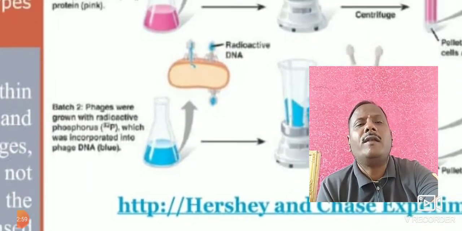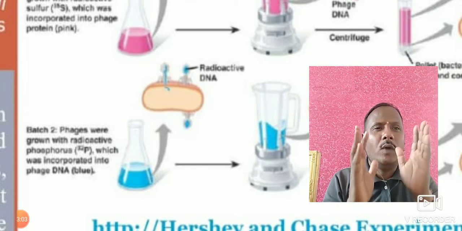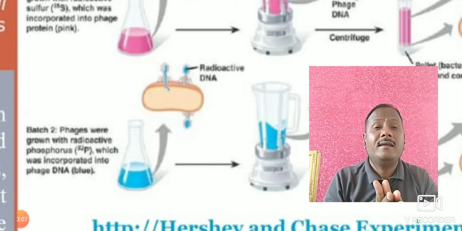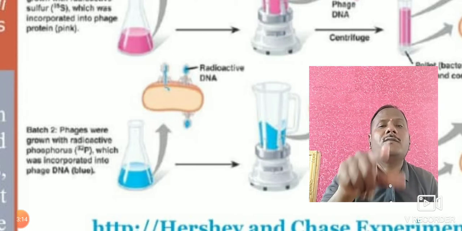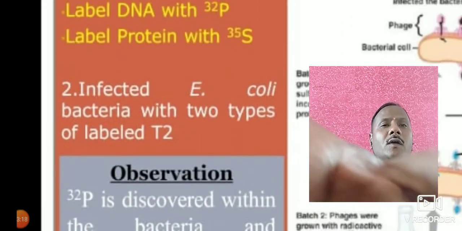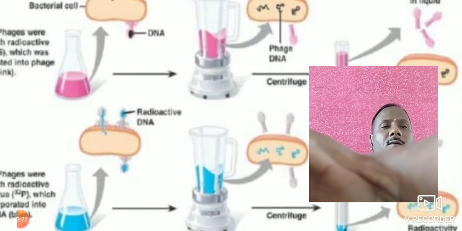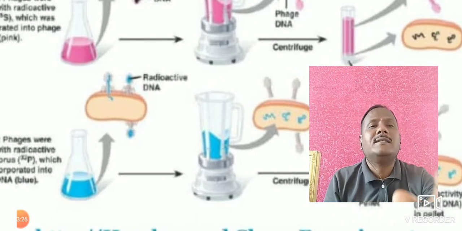In the second stage, what happens? Same mixture: growth medium, viruses, bacteria, and in place of radioactive sulfur, there is the addition of radioactive phosphorus, the isotopic form 32P, generally added into the conical flask.